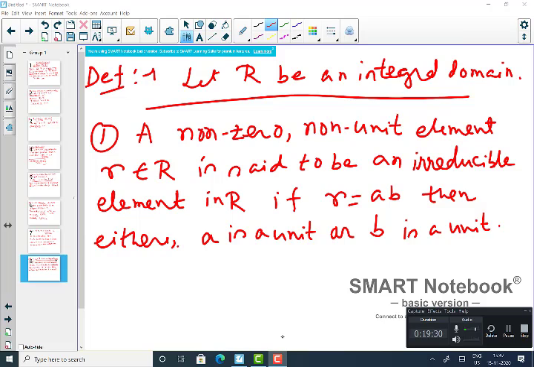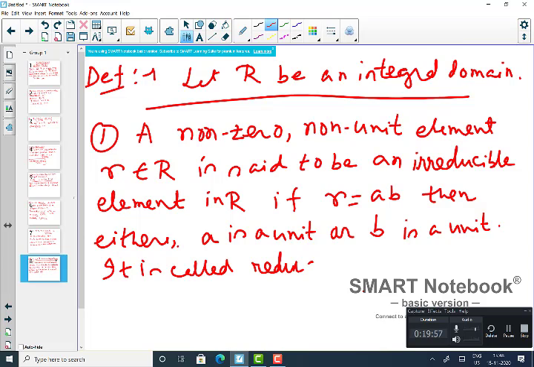Then these kinds of elements are called irreducible elements. Okay, and if it is not the case, if you have elements a, b such that neither a nor b is a unit, then r is called a reducible element. Okay, and it is called reducible otherwise.